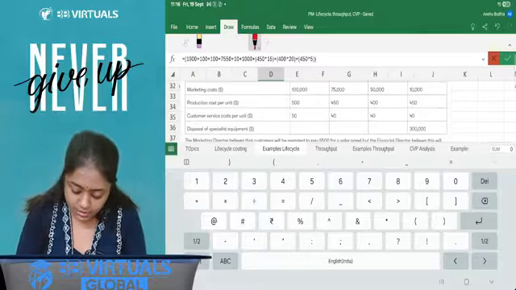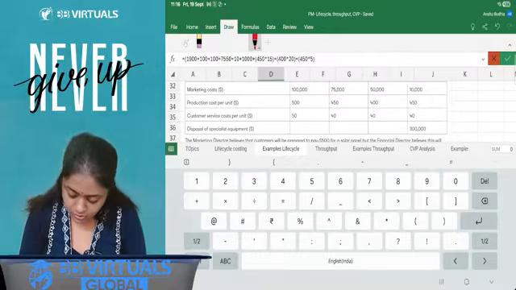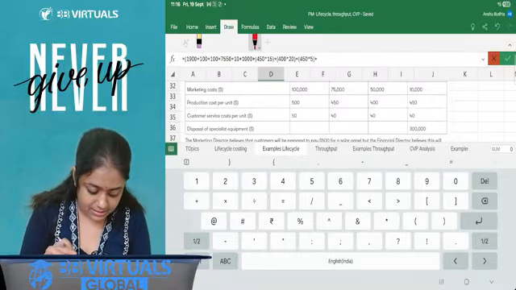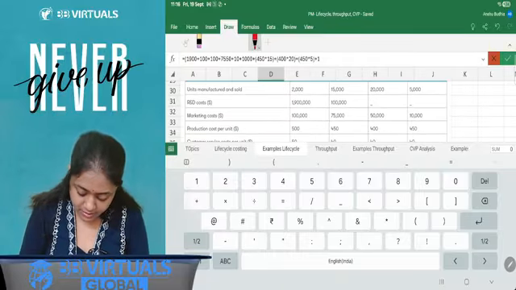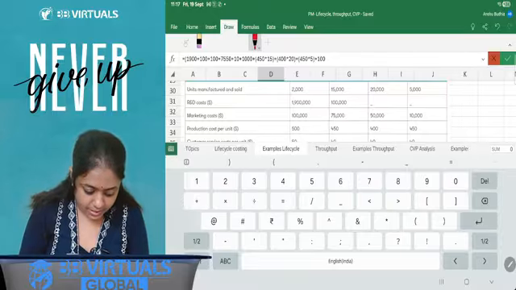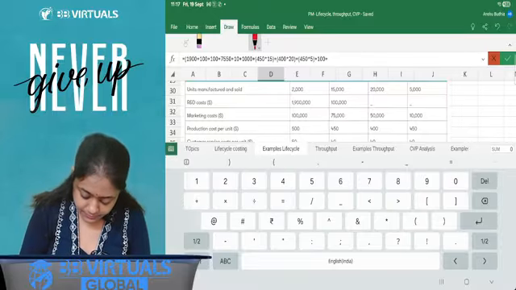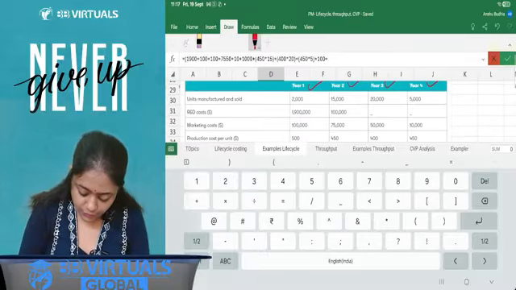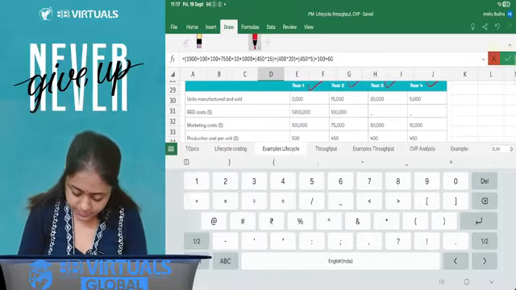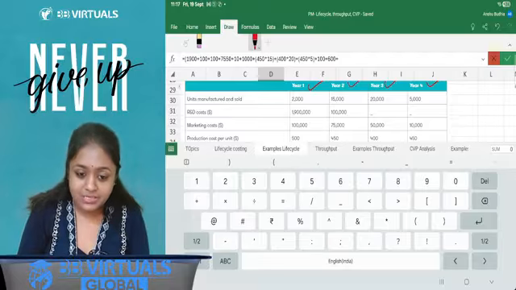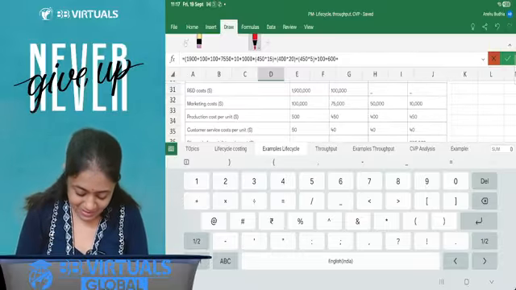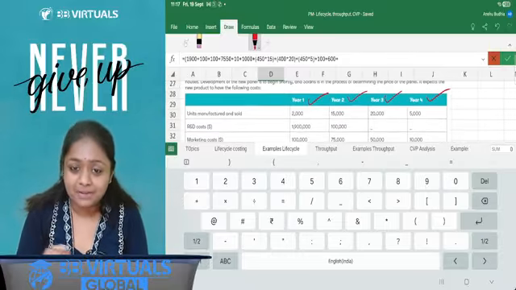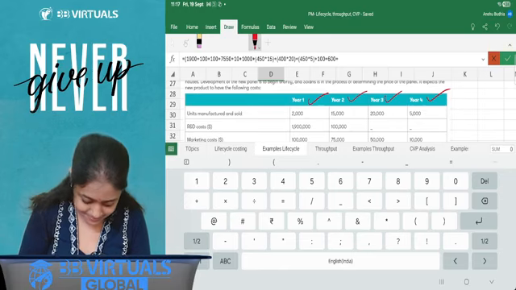Now, there are more costs, customer service cost also. So I will add customer service cost, which is 50 into 2, which is 100. Then I will add 40 into 15, 600. You will say, ma'am, this much maths I know, right? Then we have 40 multiplied by 20, 800.